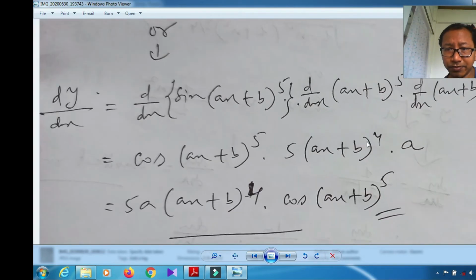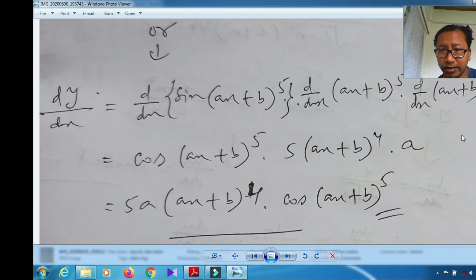Okay, and d by dx of ax plus b we are going to differentiate. That means as there are three functions involved here, one is sine, other is this whole part, and the other is ax plus b. So these three functions we are going to differentiate.